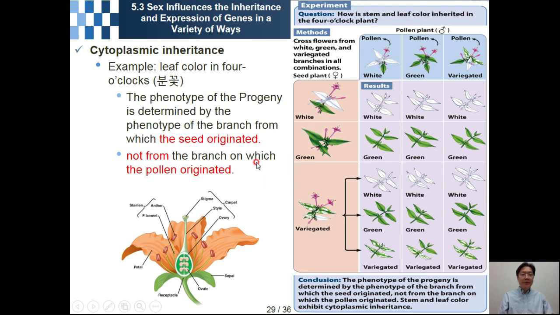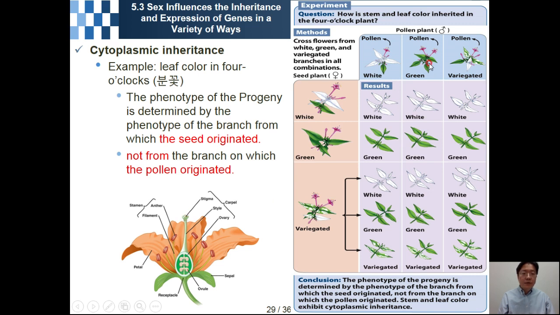In the anther they will have the pollen, and this is the male plant. In this plant they removed all of the ovary, and in this plant they removed all of the anther. They only contain the ovary like this.